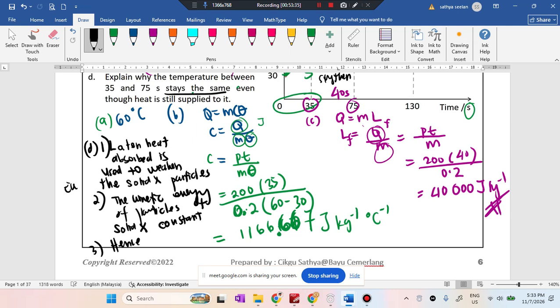Hence, the temperature is also constant. Itu 3 poin dia. Salin?